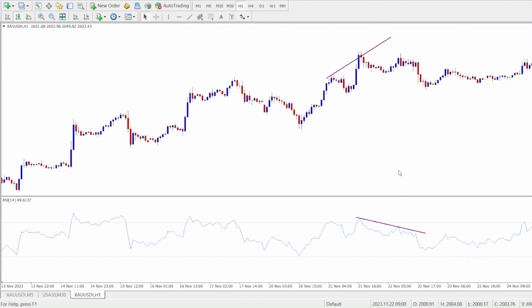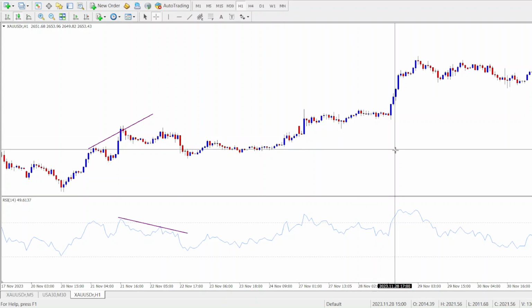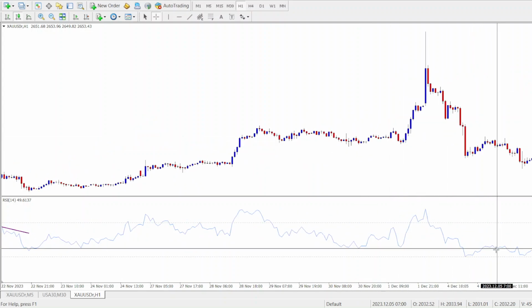Now we can see that just right after the bearish divergence formed, the asset sold for a bit, sold for a while. So we could have considered entering our sell trade around here after the divergence, and then we could have sold at the nearest support level, or we would have waited for the RSI to enter the oversold.